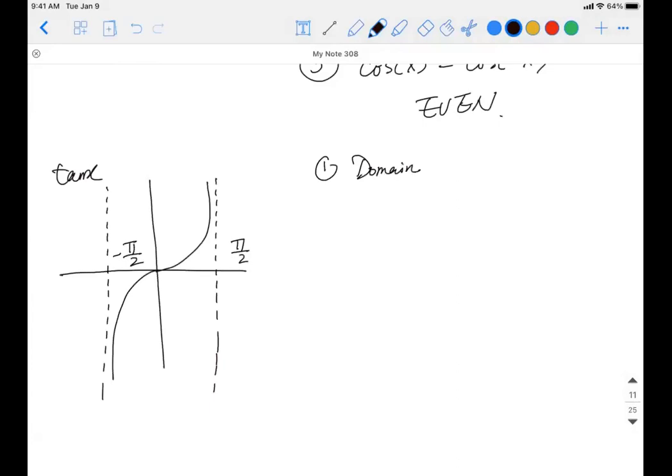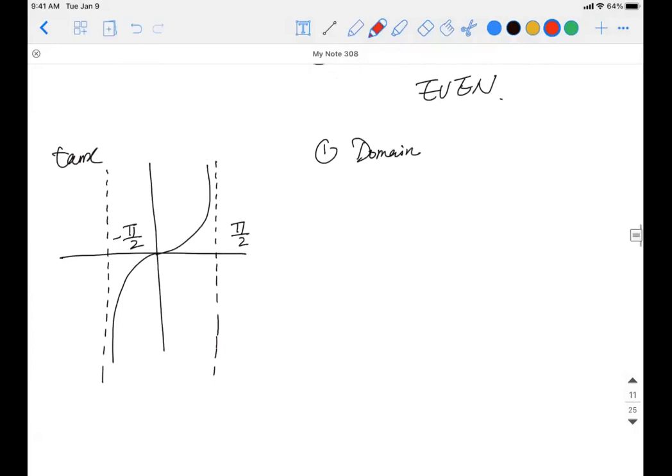Tangent x is not touching everything. You can't touch pi over 2, minus pi over 2, and so on and so forth. So tangent x does not have a domain which covers everything. This is very understandable.